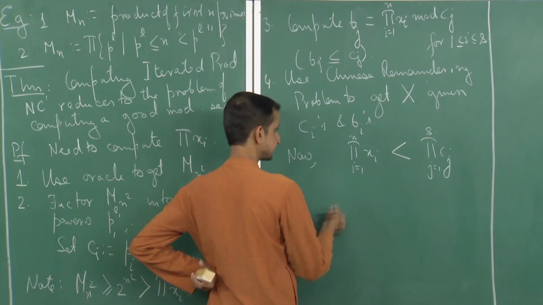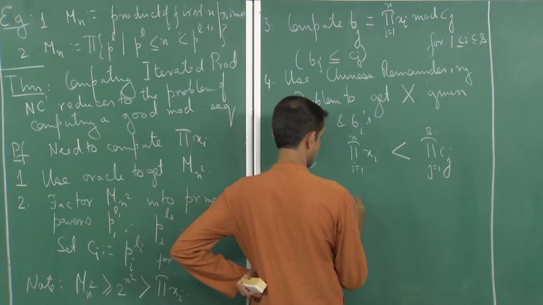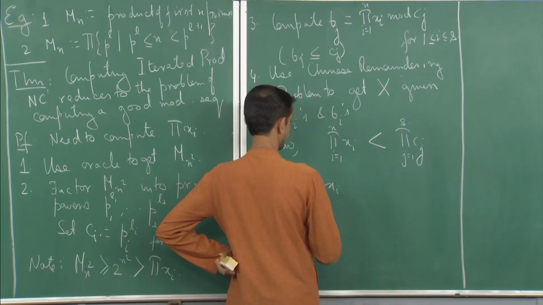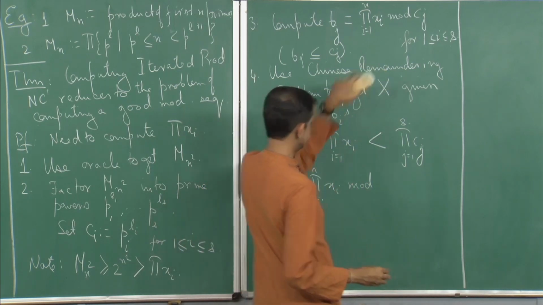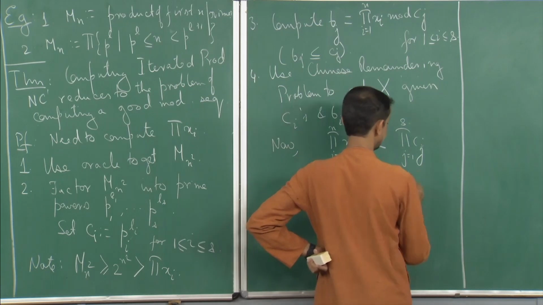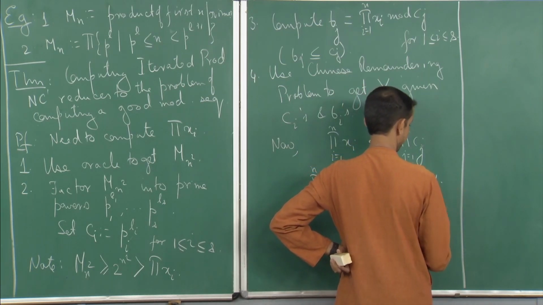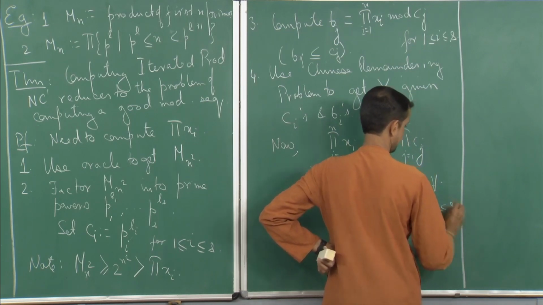Now, what is the second condition? The second condition is that this number, the product of xi with i going from 1 to n, mod Cj should be equal to Bj, for all j between 1 and s.